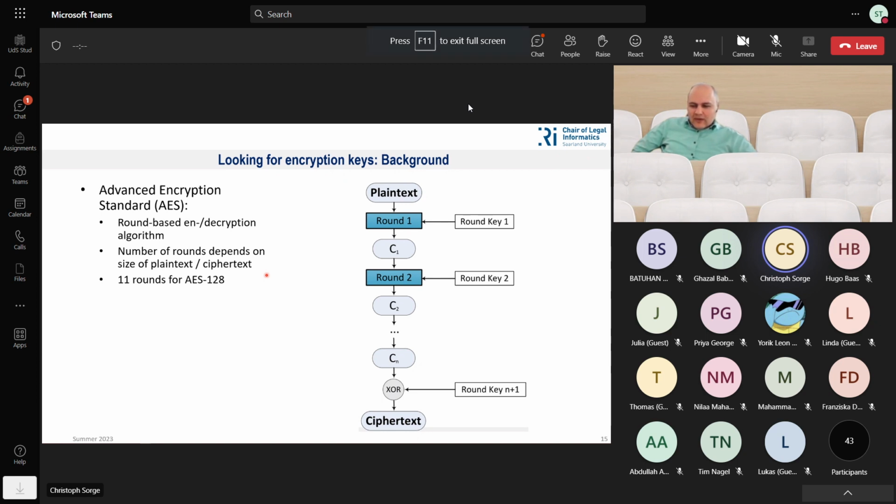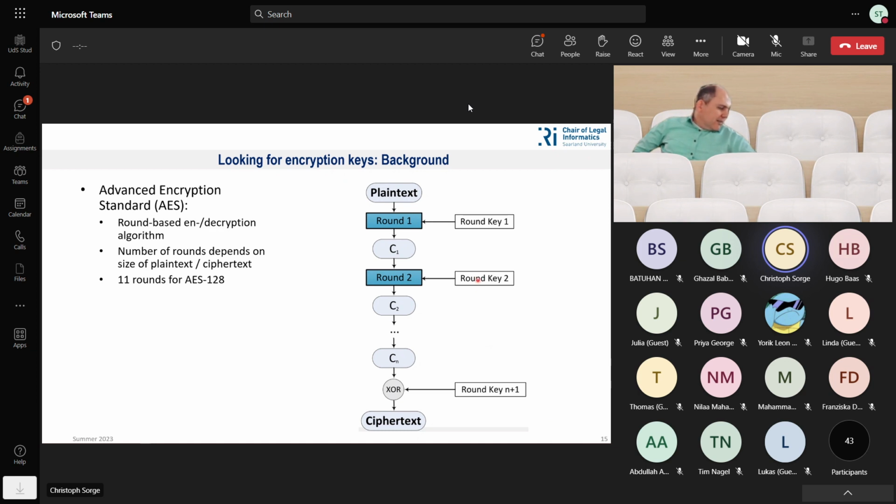But for each round of AES, we derive a round key from that master key. So we have different round keys, and for performance reasons, most implementations, or probably all major implementations of AES, store not just the 128 bits of the master key, but all the round keys, and the combination of all round keys is referred to as the key schedule.